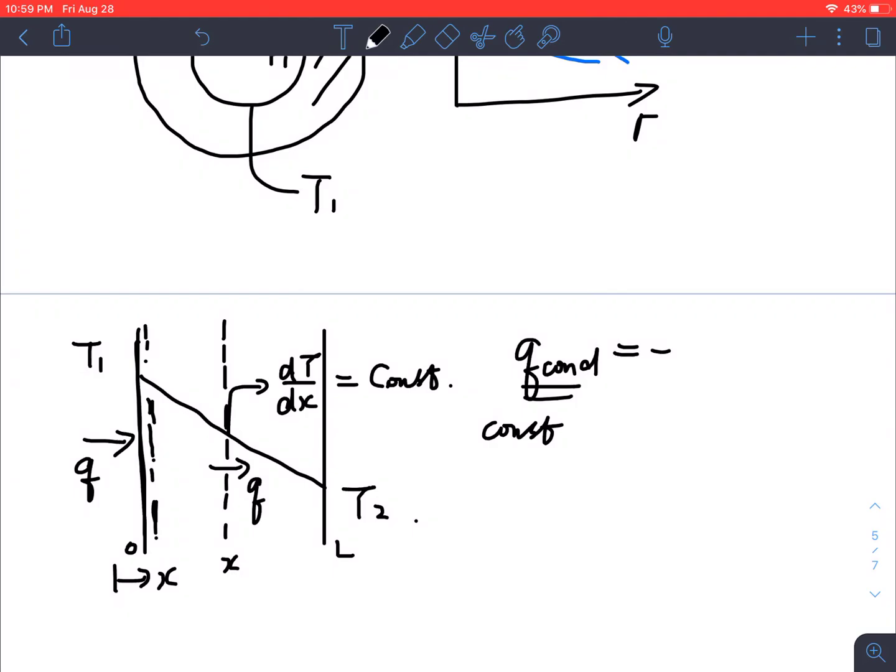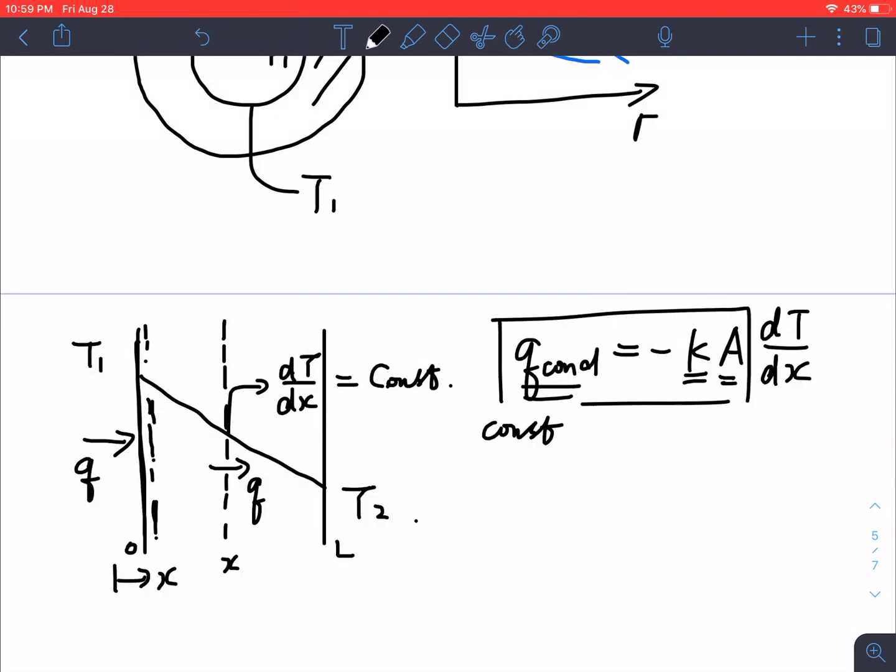According to the Fourier law, for a homogeneous material K is a constant, and the area, since it's a plane wall or a slab, is also independent of x, also a constant. Then we have everything constant, so this gradient must be a constant.